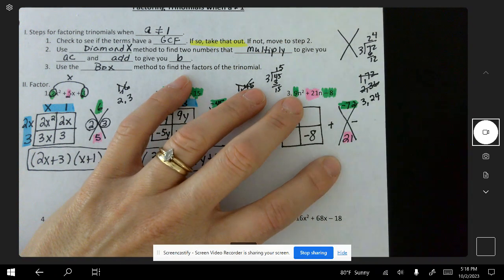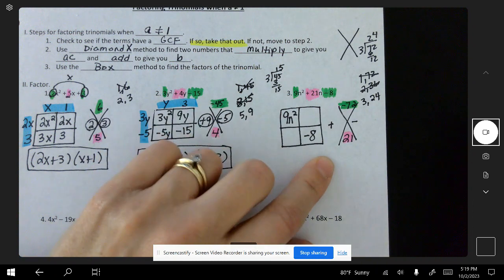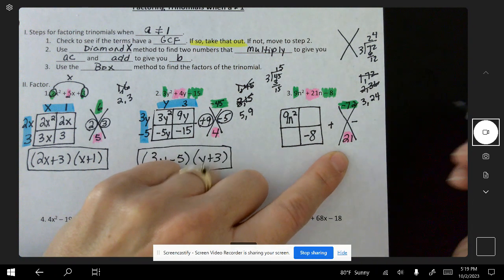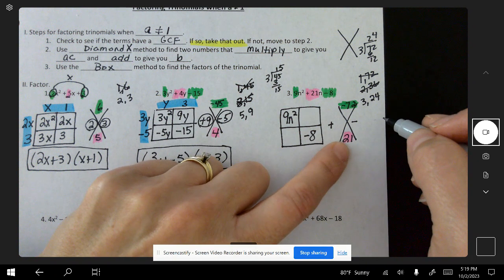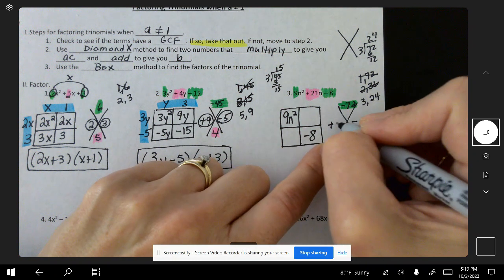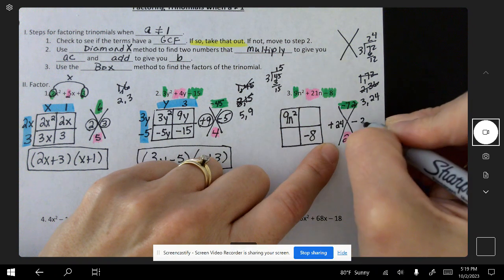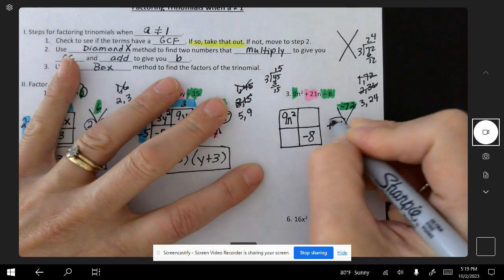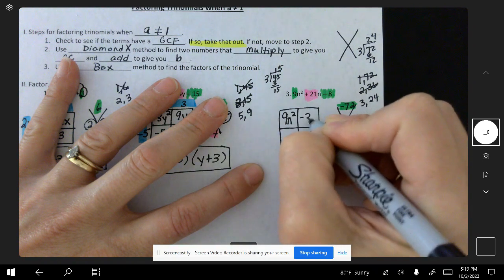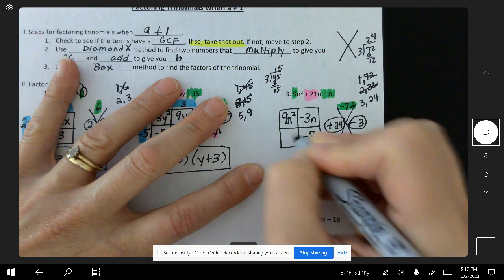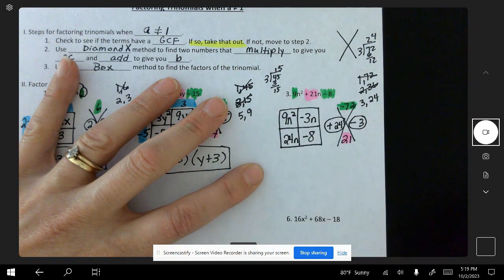So 3 and 24, that works. 24 minus 3 is 21. I need the biggest number to be positive because I have a positive 21. So that's going to be positive 24 and negative 3. And these two numbers go over here in my box. Doesn't matter where. Minus 3n and 24n.